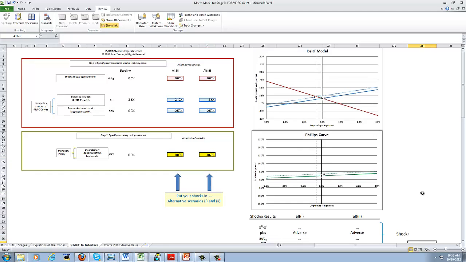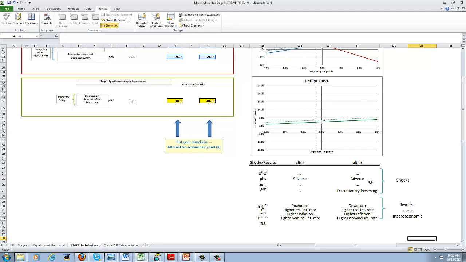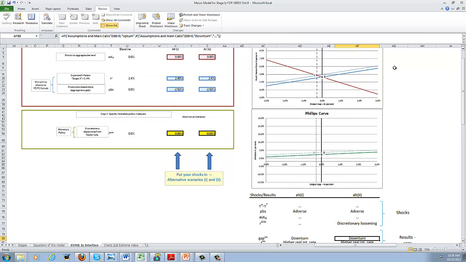So let's take a look here at how we summarize this scenario in English. We had an adverse shock to supply. It was offset with a discretionary loosening of monetary policy. We get a slight downturn here, but you can see just by looking at the chart that in fact it isn't very much, that we're actually back at our zero output gap.